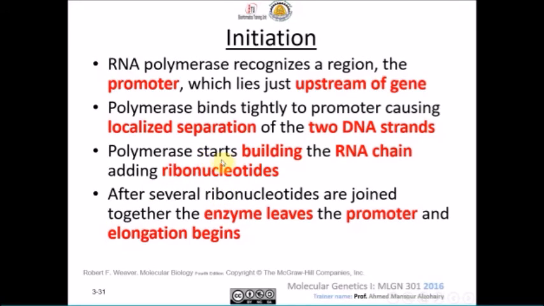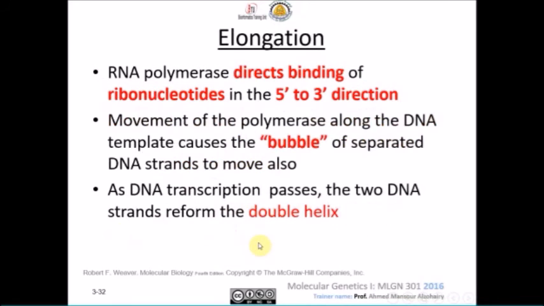Polymerase starts building the RNA chain, adding ribonucleotides, and after several ribonucleotides are joined together, the enzyme leaves the promoter and elongation begins. What happens in elongation is that RNA polymerase directs binding of more and more ribonucleotides in the 5 prime to 3 prime direction.